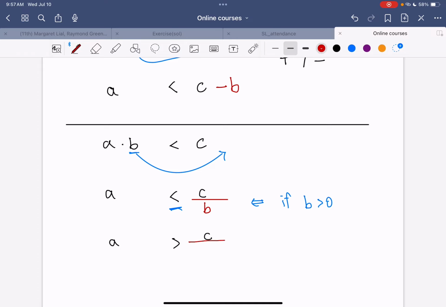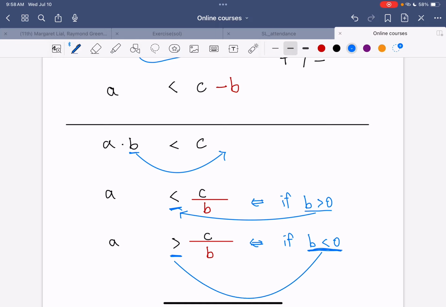So we divide C by B, and here is the case that B is less than 0. So we have to know this is related to here, and this is related to here.